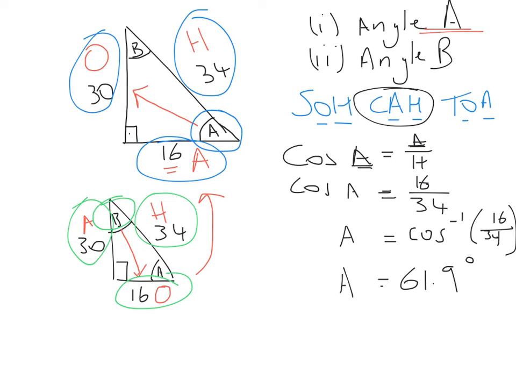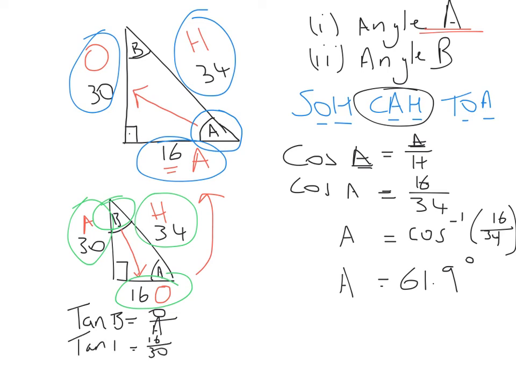So we're lucky again in this one, we know all of the combinations, so we can either go with SOH, CAH, or TOA. Let's go with TOA for today, which is tan. So we're going to say tan B is equal to O over A, which means that we need to find 16 over 30.